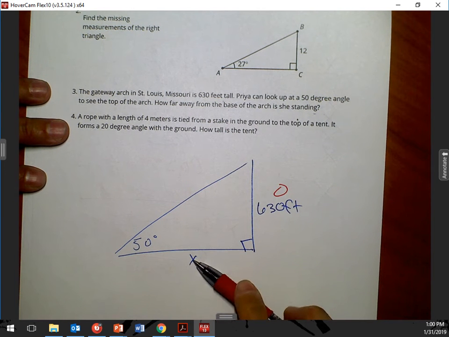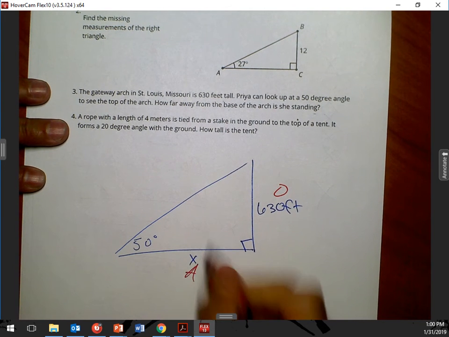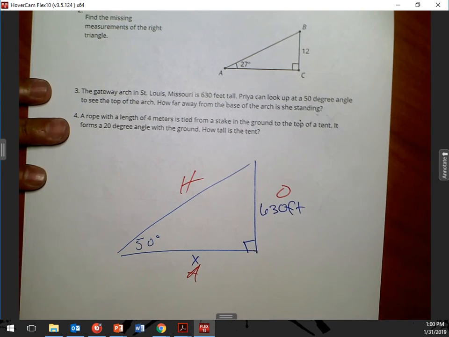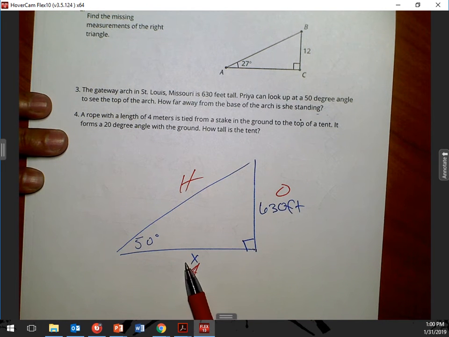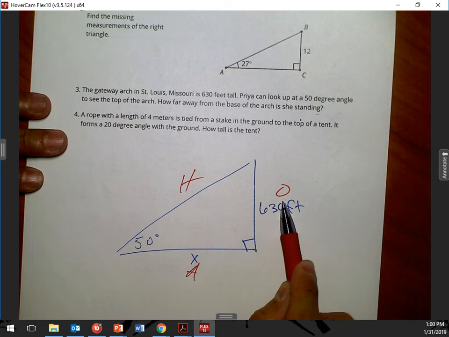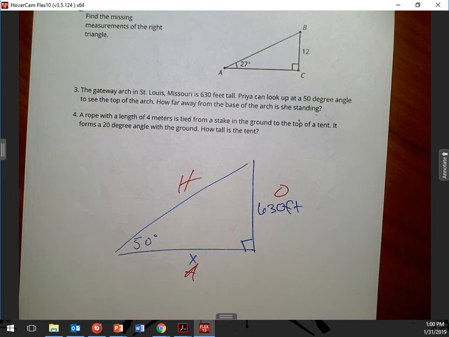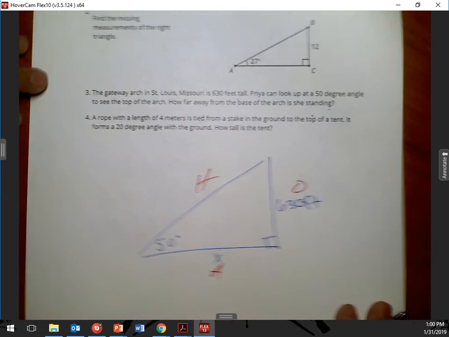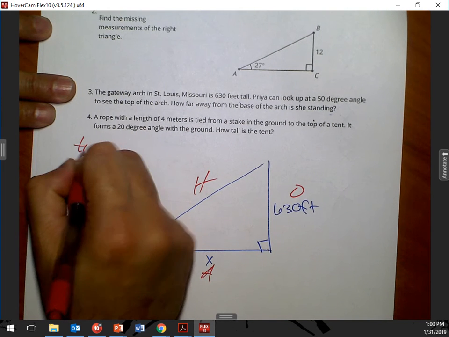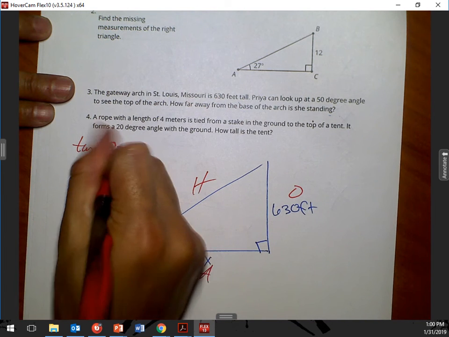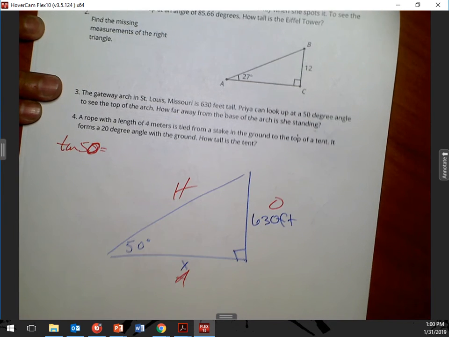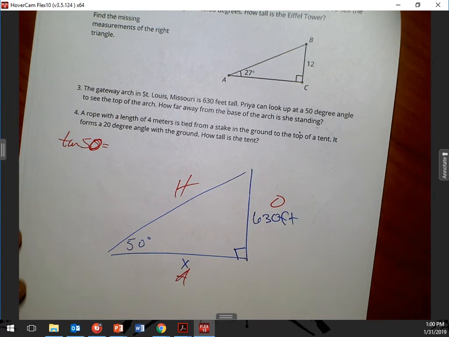This one down here is, which one am I looking for? Which one do I have? Opposite. What uses opposite and adjacent? Tangent. So it's going to be the tangent of 55 is equal to, wait, why 55? Oh, I'm sorry, 50. You're right. Good job. Seeing if you're paying attention.